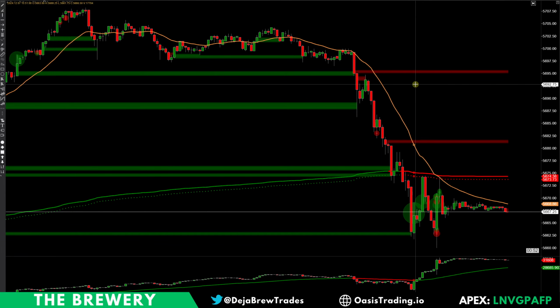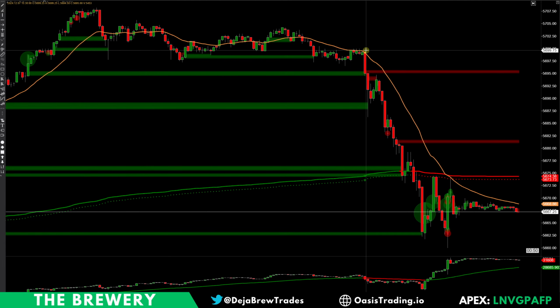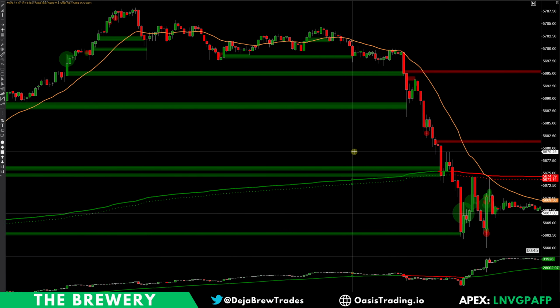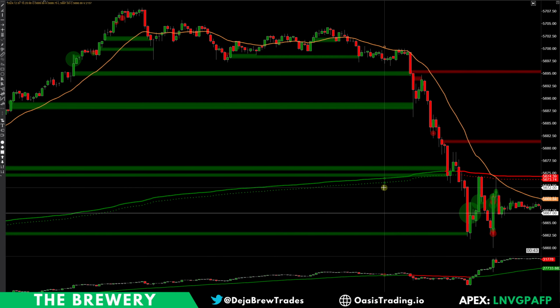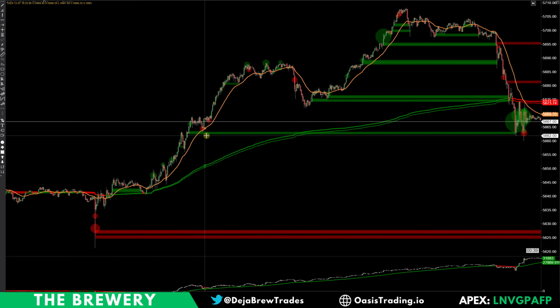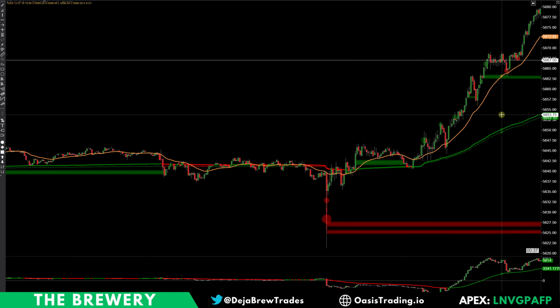Okay. If it retests any of these imbalance levels and it shows you, let me see if I can find an example. Kind of like this example right here, this really long-lasting imbalance level. Here's a better example. Let's go back here.